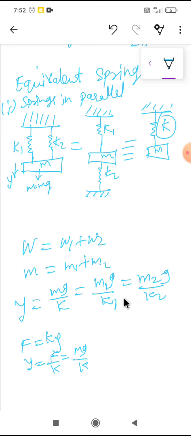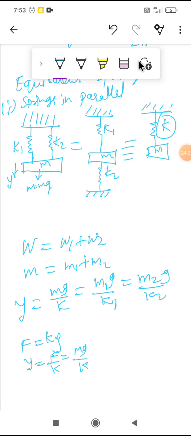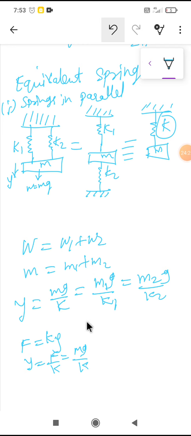Let's use the same formula. I can write m1 is equal to m into k1 by k, and m2 is equal to m into k2 by k.